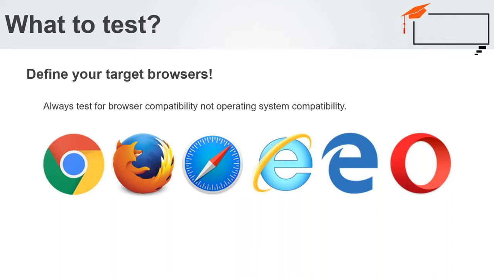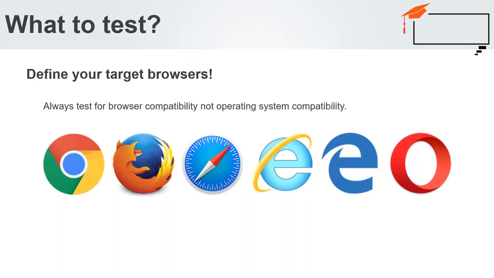That said, there are a few browsers that only run on a specific operating system, like, for example, Internet Explorer only runs on Microsoft Windows, so there's no question on which operating system you will test for this browser. But browsers like Chrome or Firefox can be run on Windows, on Mac OS, and on Linux, for example.